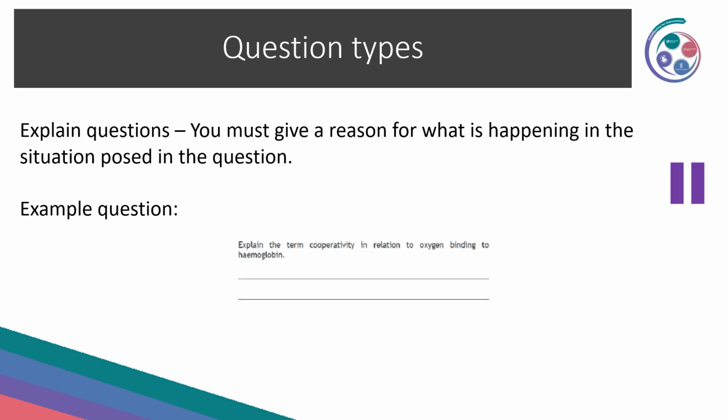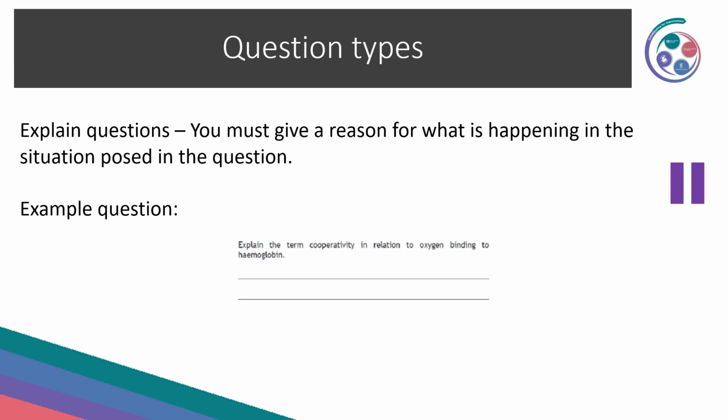Another type of question that you may be asked to think about in the exam is explain questions. Now these are questions where you must give a reason for what is happening in the situation that's posed in the question. So you kind of have to give some sort of justification as to why your answer, or it might be relating to a statement that they've given you, is the case.